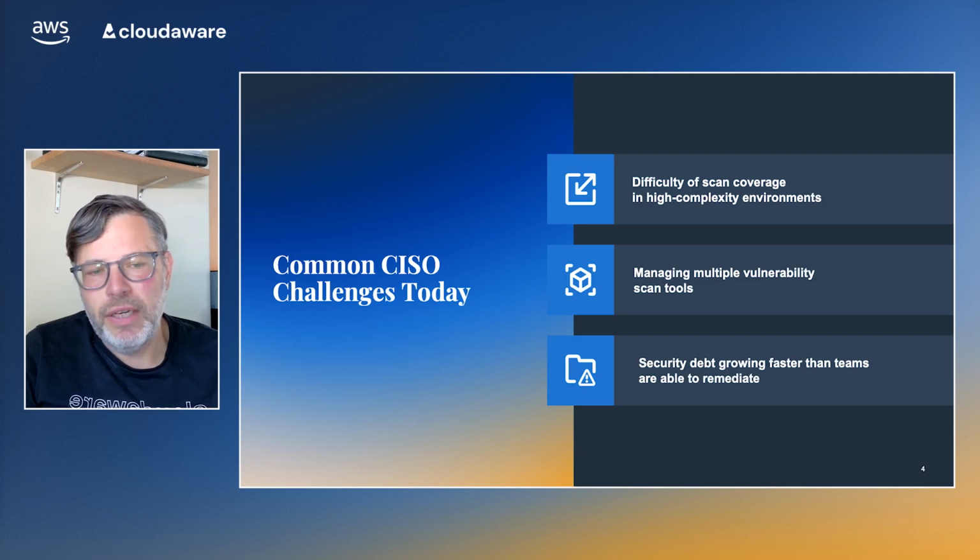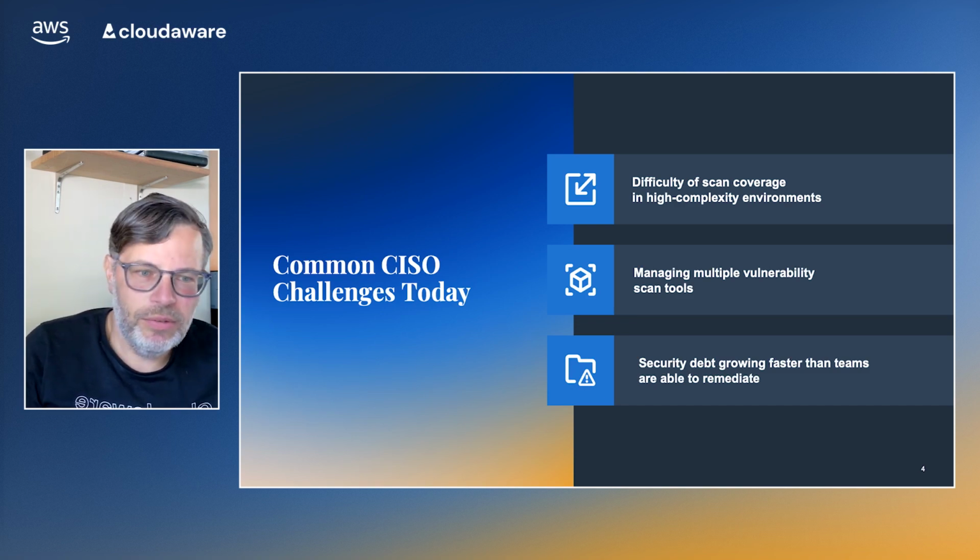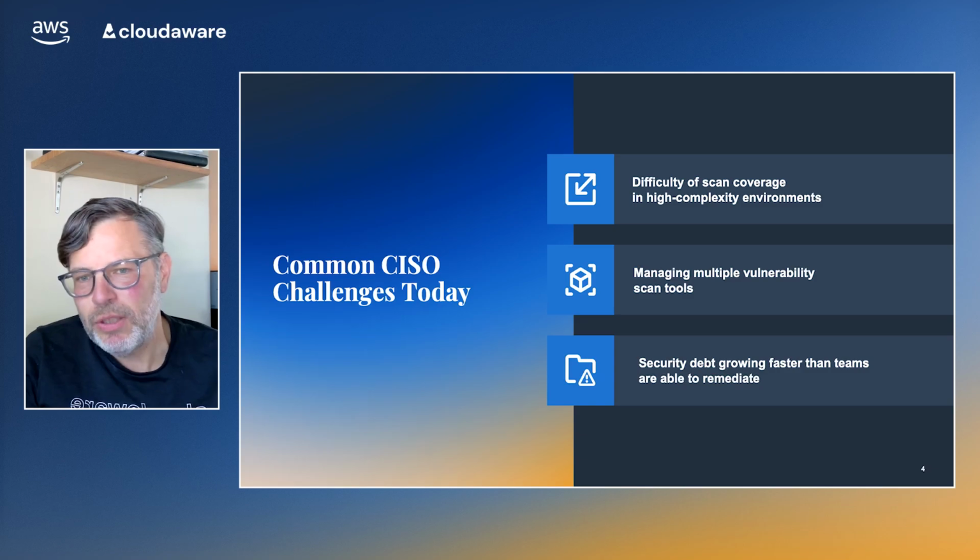And moving on to the third bullet, which is about security debt. Let's look at what happens the day after we achieve full scan coverage. Most CISOs will be horrified. Many of them already know this, that they have an absolutely enormous security debt.